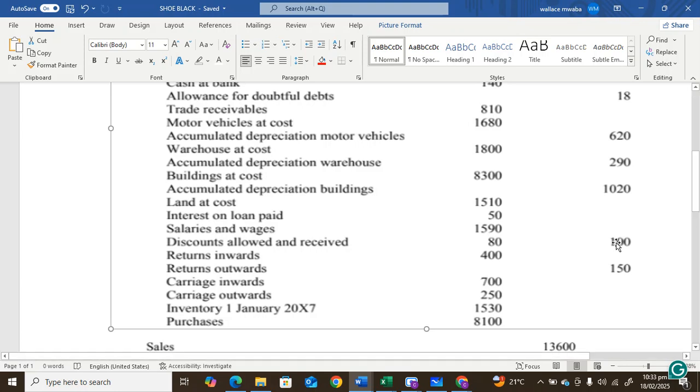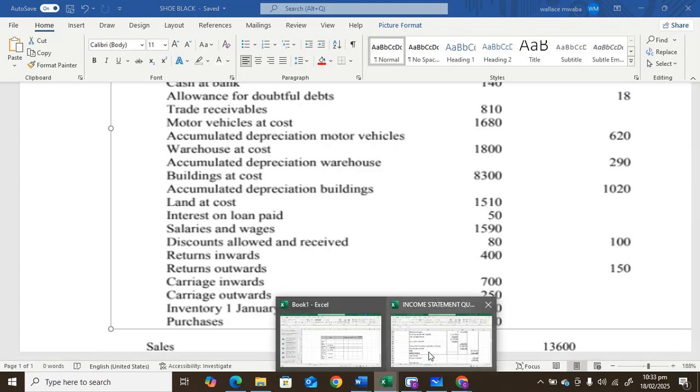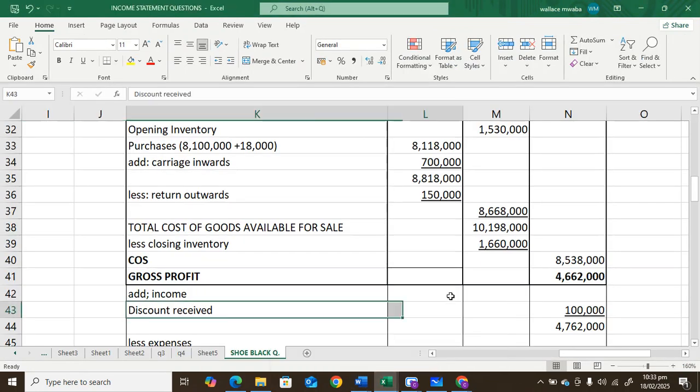Okay, so if you are given a situation like this, just remember, if it's on the credit side, it's discount received. Okay, if it's on the debit side, it's discount allowed. Are we okay with that, colleagues? So we include it here, 100,000.